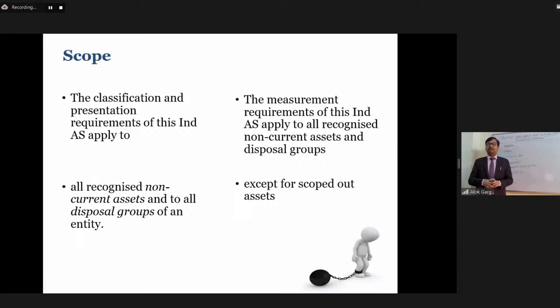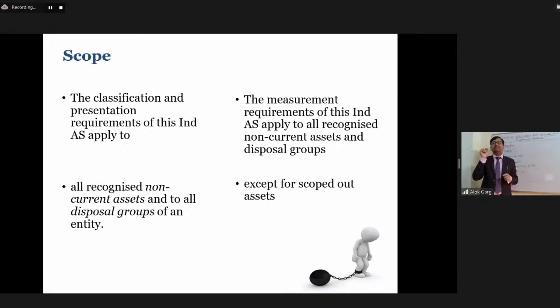When we further understand this standard, we will see that once an item has to be classified as held for sale, we need to understand two things. First, when will we classify an asset as held for sale? So we need to discuss when an item has to be classified from a normal non-current asset to a non-current asset held for sale.